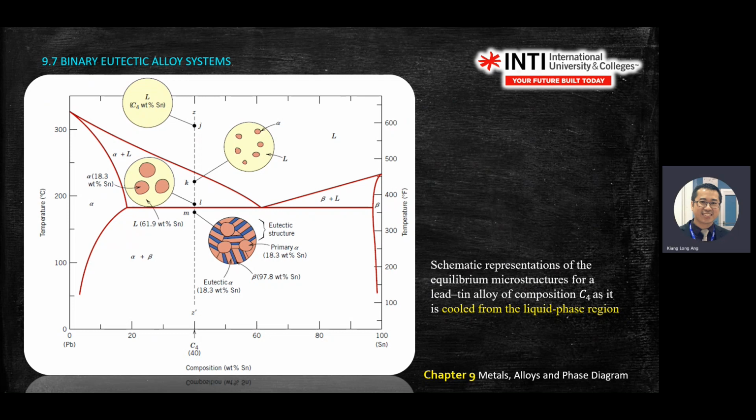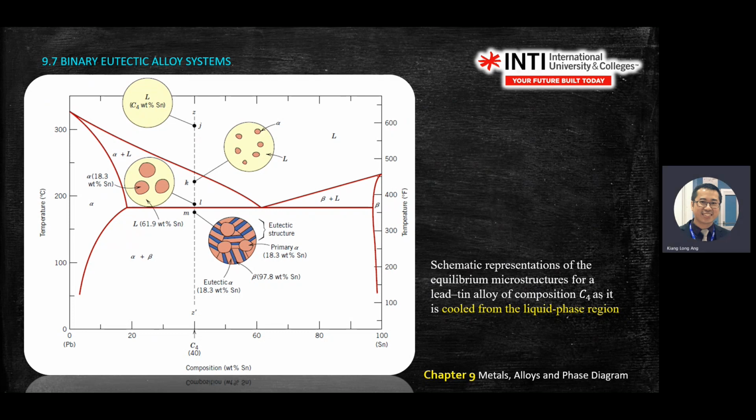Try to identify what element you have. For the second session, you start to look at primary something, eutectic something. So how do we ask you questions in the exam? Normally we ask what exists at a particular point. For example, we give you this diagram and ask at point M what element you have.